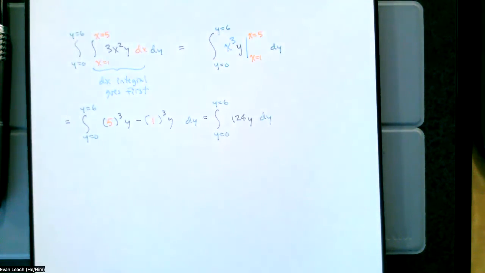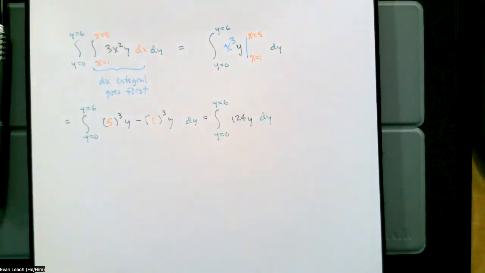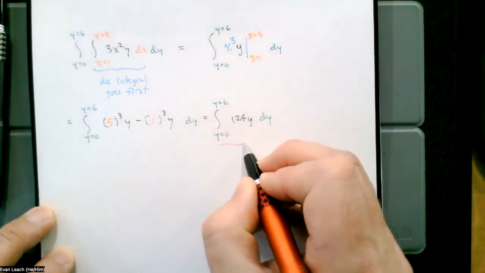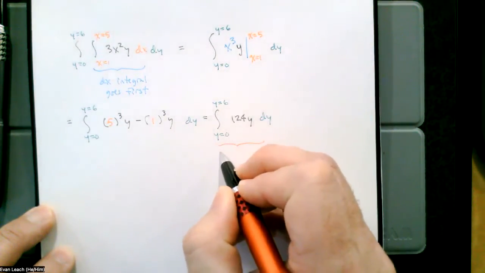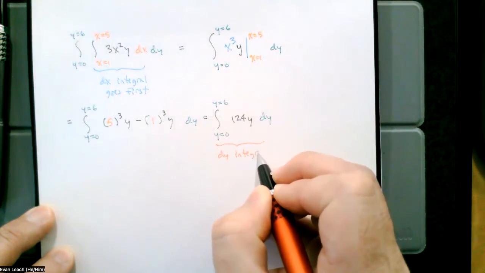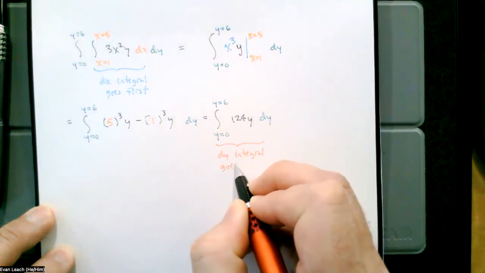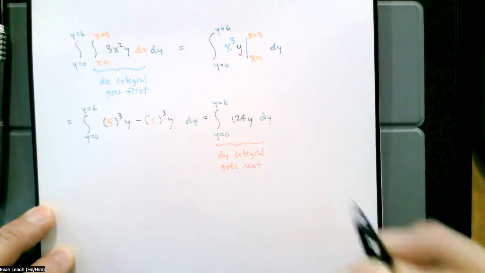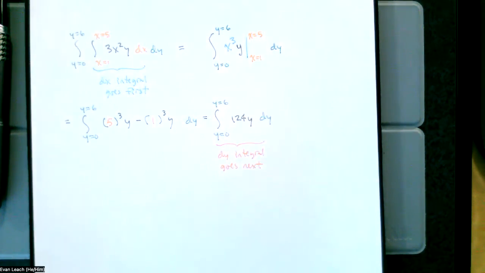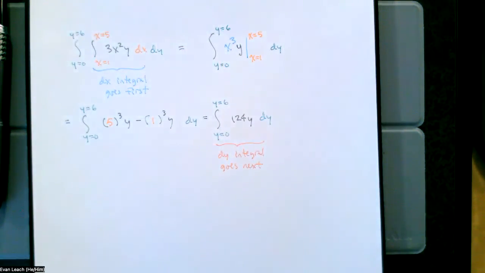Now we can do the y integral. The integral of 124y is going to be 124 over 2 y squared, so 62 y squared.